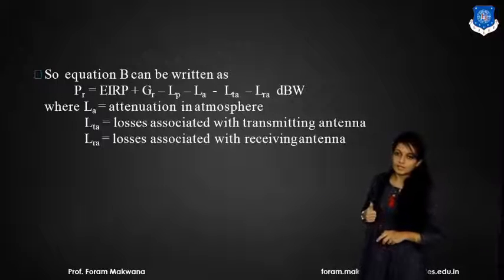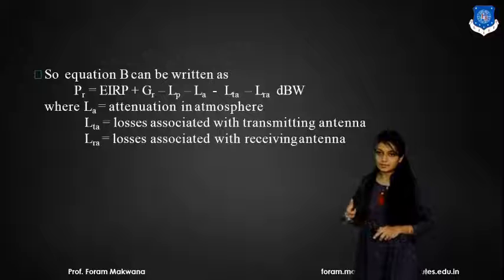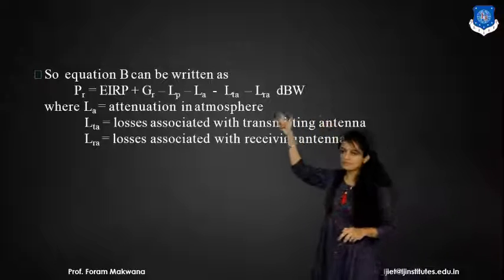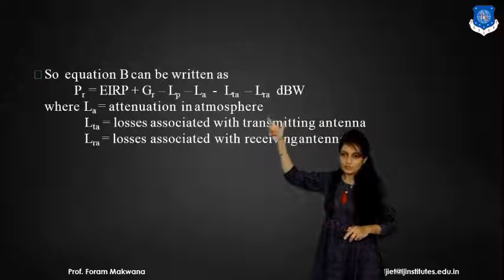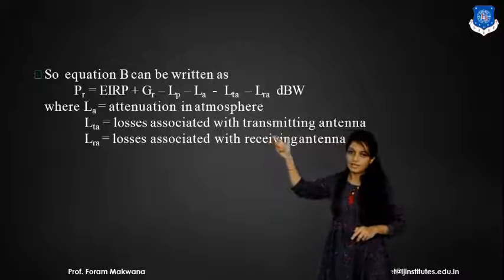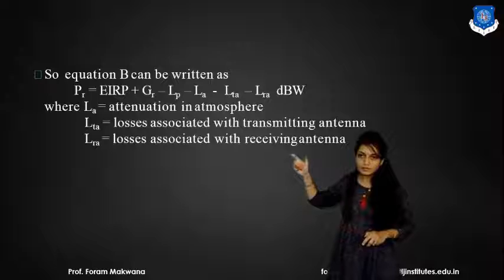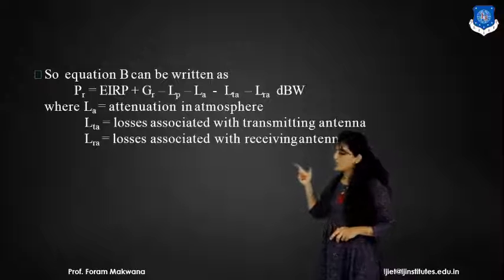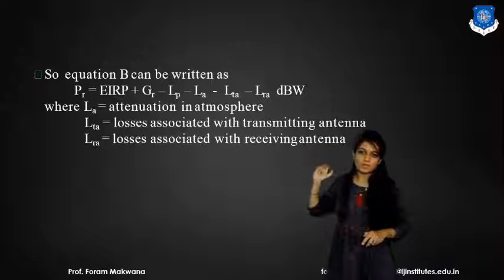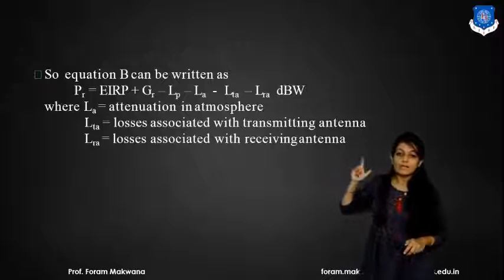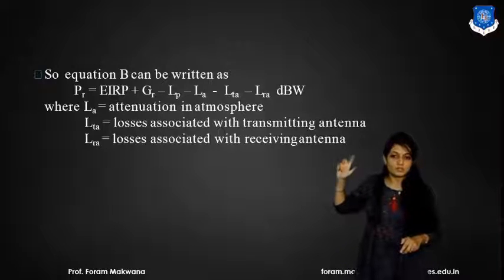So we are going to consider the losses: first, LA, the attenuation in the atmosphere; second, the loss associated with the transmitting antenna itself; third, the loss associated with the receiving antenna. These three are the losses we need to consider in the practical situation.